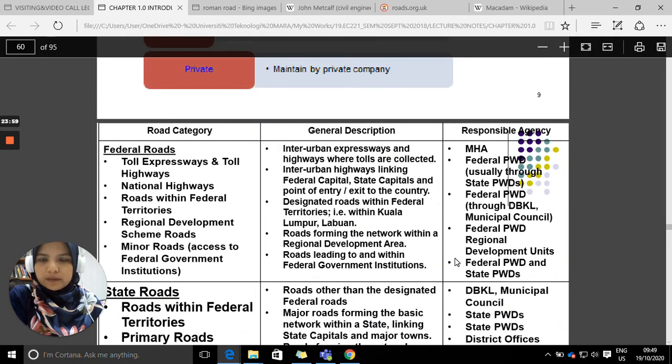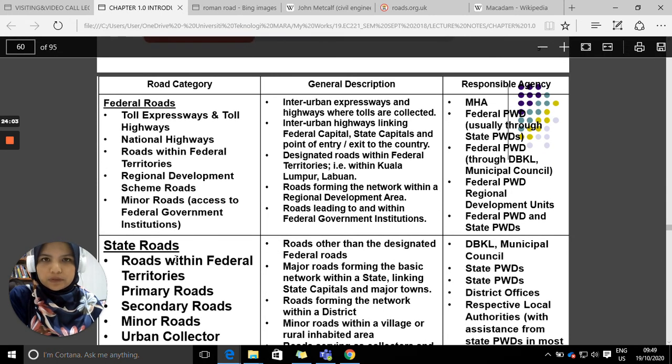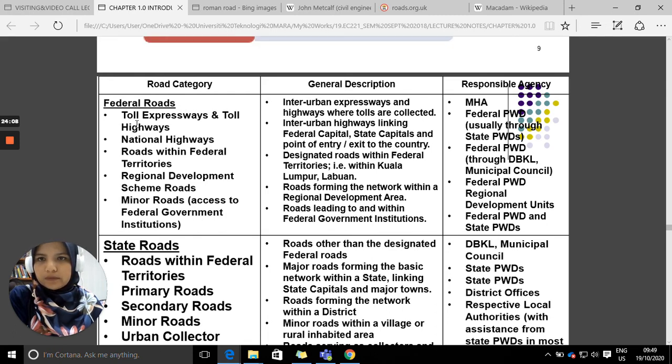Road category, alright, federal roads, state roads. Okay, I think we can break this out. This federal road, there are toll expressway, toll highways, national highways, road within federal territories.